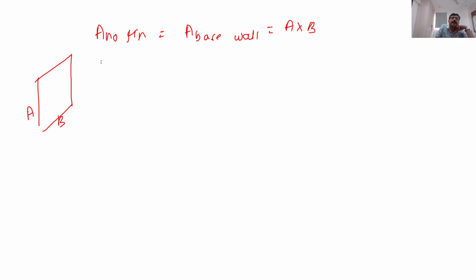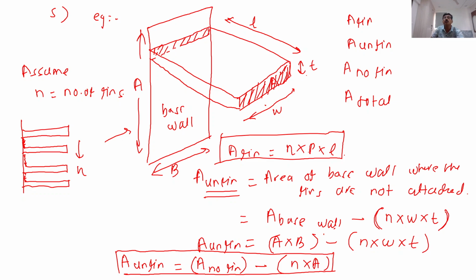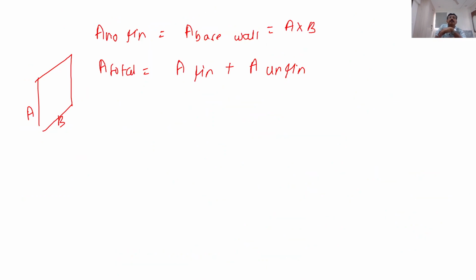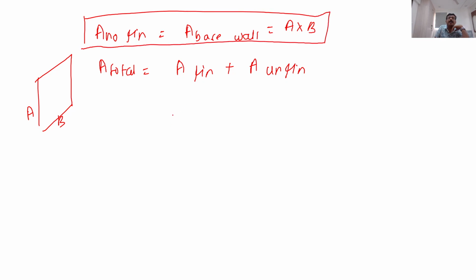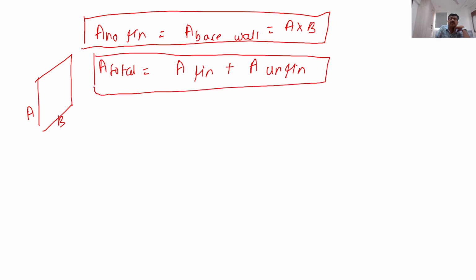And finally, A total. A total is nothing but the addition of A fin plus A unfin. So you know already A fin from this formula, and you know already A unfin from this formula. This is the formula for A no fin and this is the formula for A total, A fin and A unfin.